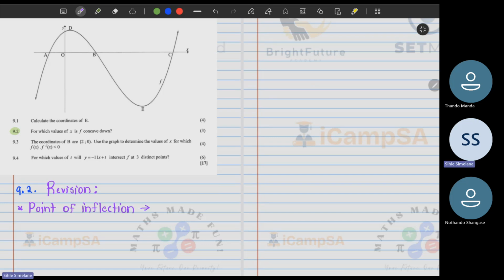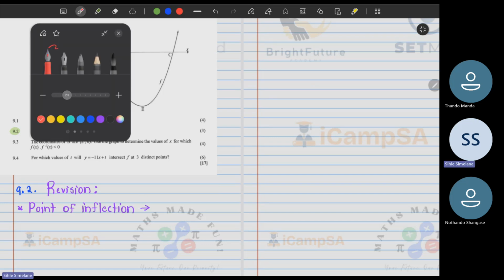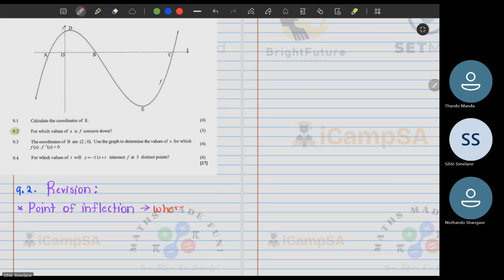So really what this point is about, it is where we change from, let's say, concave up to concave down.